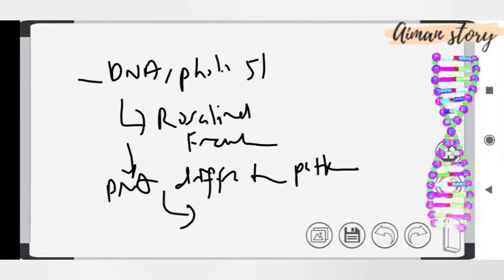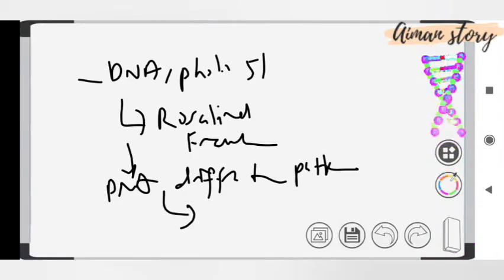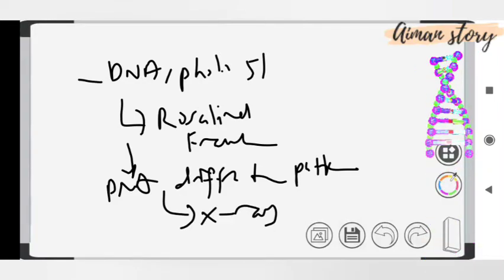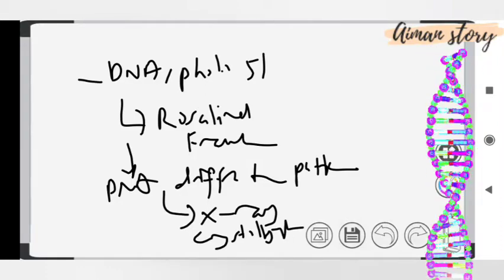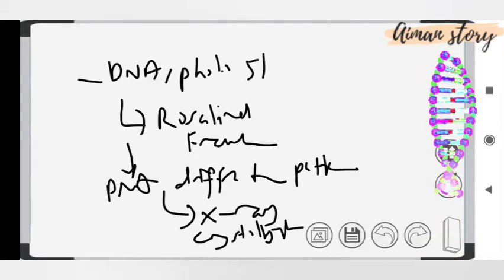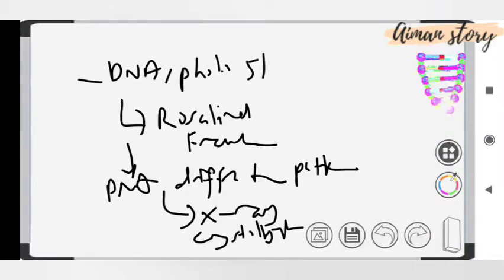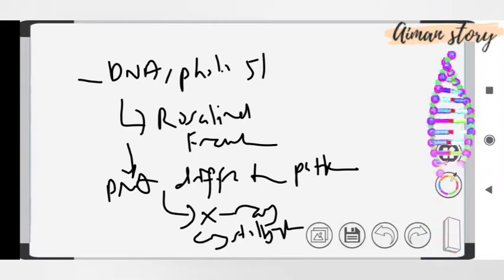Basically this research was conducted using X-ray crystallography, or we can call it an X-ray diffraction experiment. Rosalind Franklin managed to get the best photograph of DNA structure in the wet form.